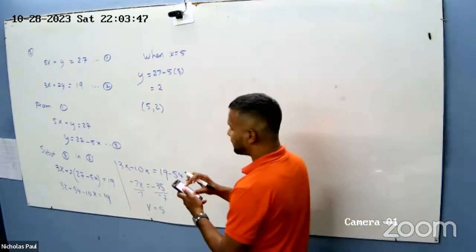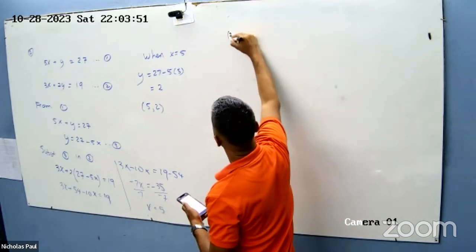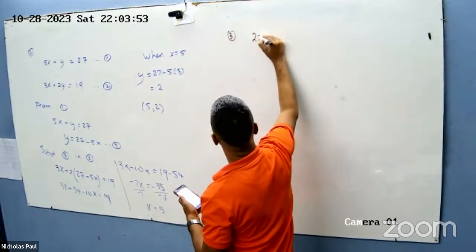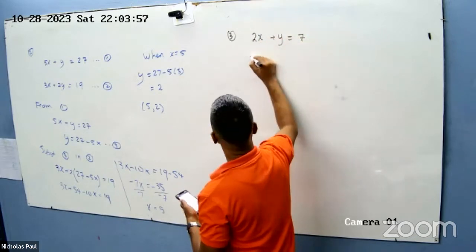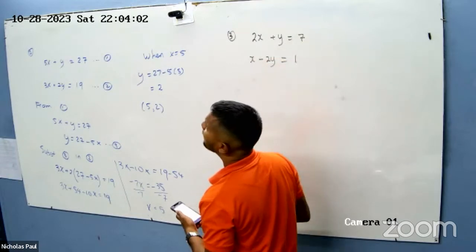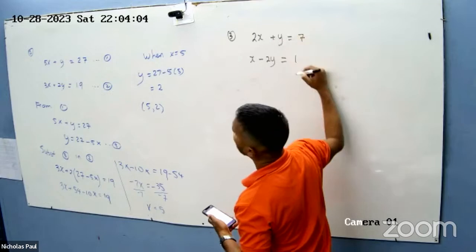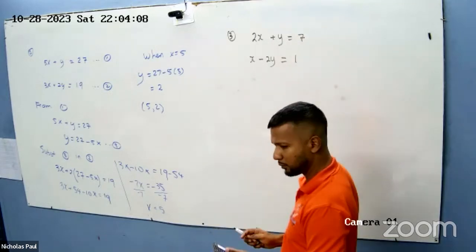I wanted to try this one here. This is June 2010. x plus y is equal to 7, x minus 2y is 1.